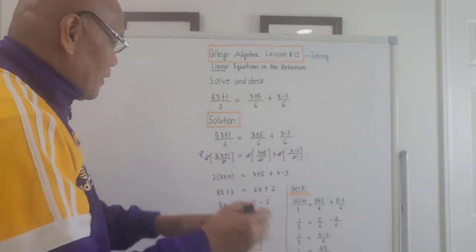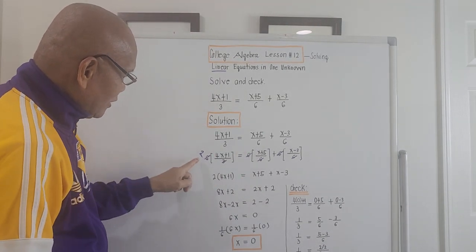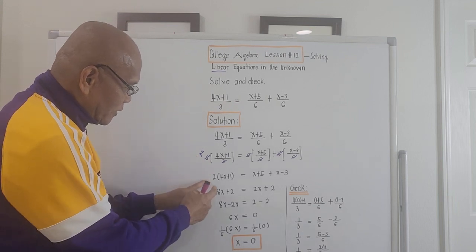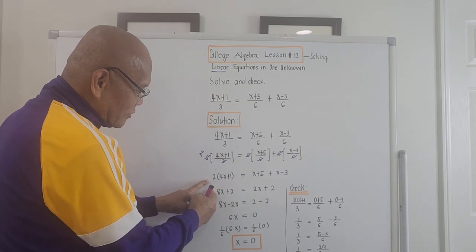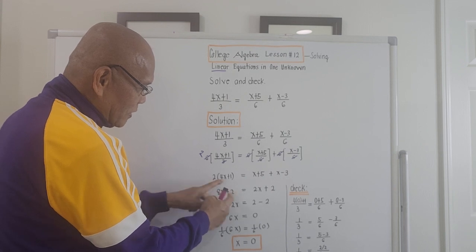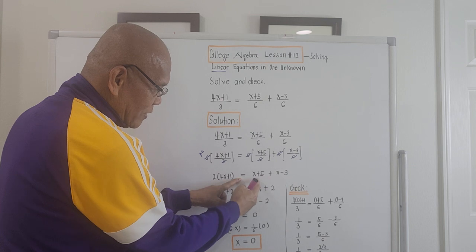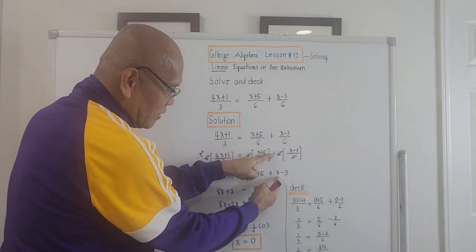Okay? Simplification. The coefficient of the left hand side will now be 2 after the cancellation. So this is 2 multiplied by the quantity 4x plus 1, close quantity. I changed now from bracket to quantity, or parenthesis. Equal to, 6 cancels, x plus 5, 6 cancels, what remains is x minus 3.